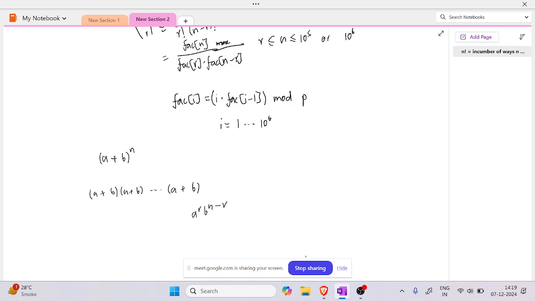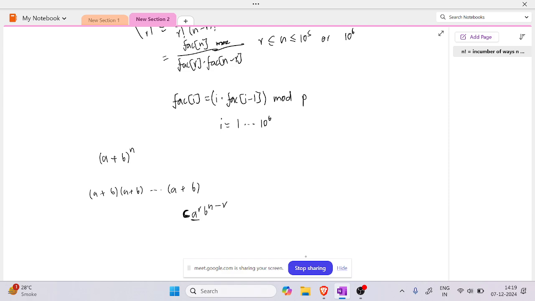Each term also has some coefficient, let's say c. This corresponds to choosing a from r brackets, and once you choose a from r brackets, you are bound to choose b from the other n minus r brackets.